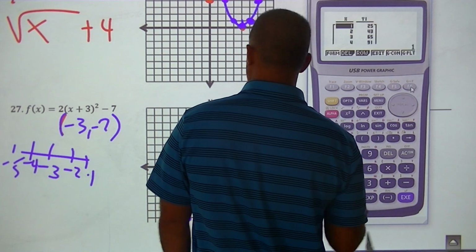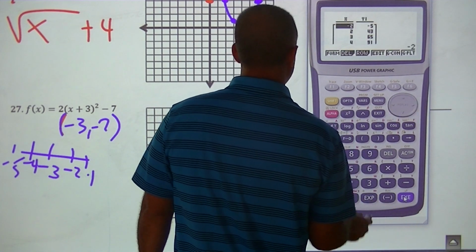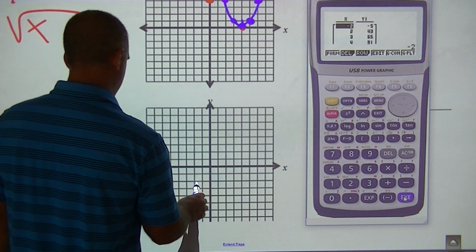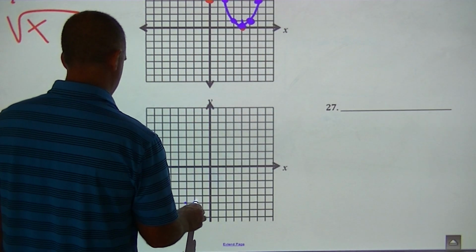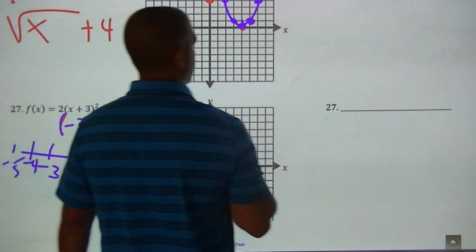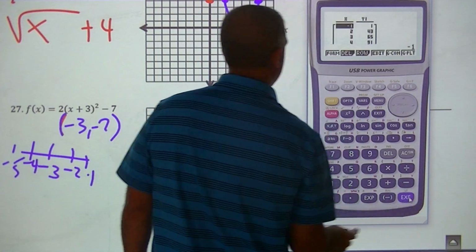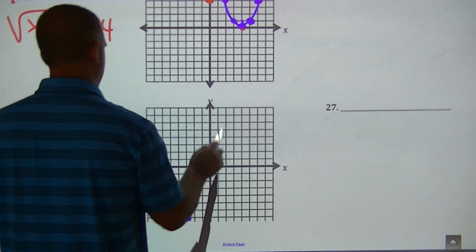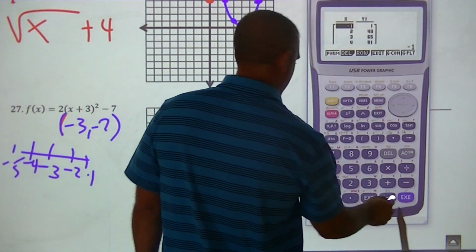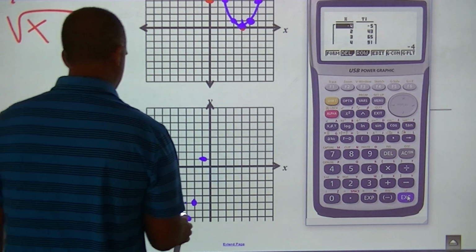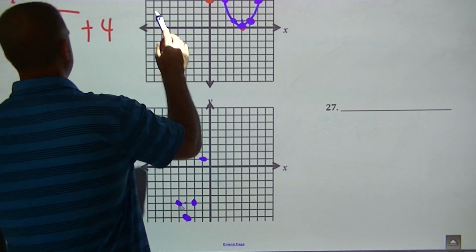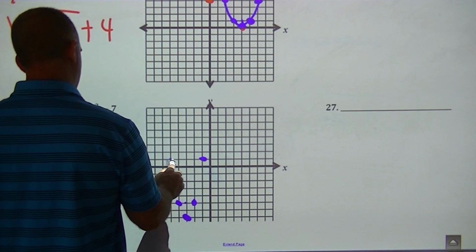Okay, so I plot negative 2, it's at negative 5. Then I plot negative 1, which is (-1, 1). Then I would plot negative 4, which is negative 5. And then I plot negative 5, which is going to be back up here at 1.